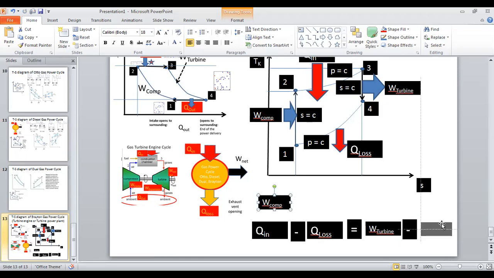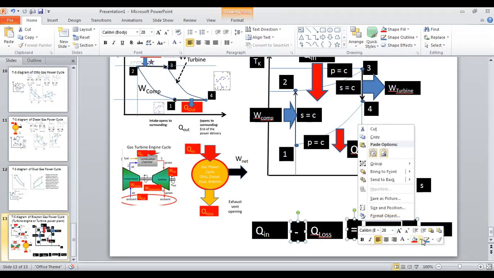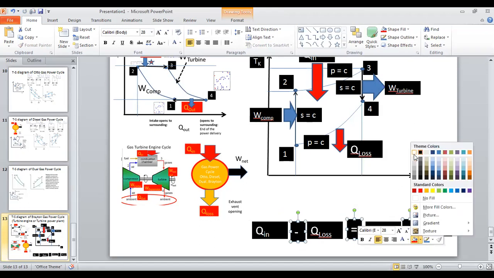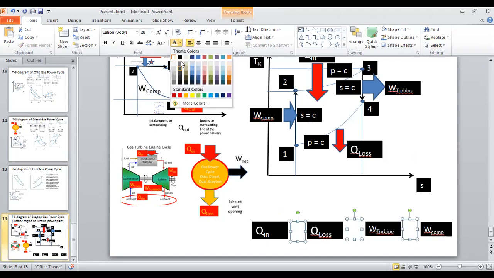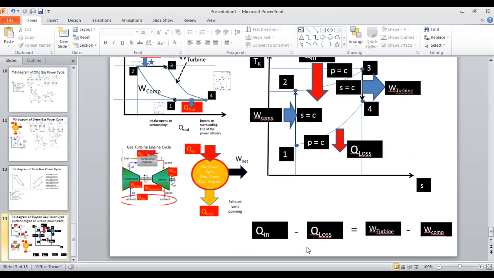So this is your energy balance. You can write this in many ways.